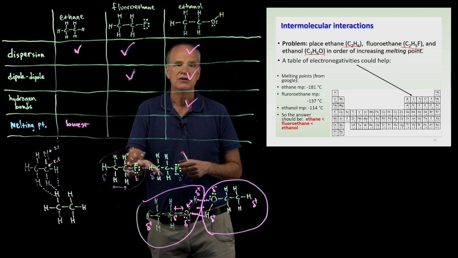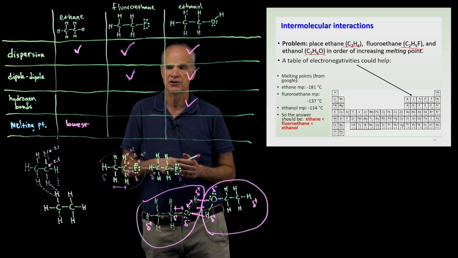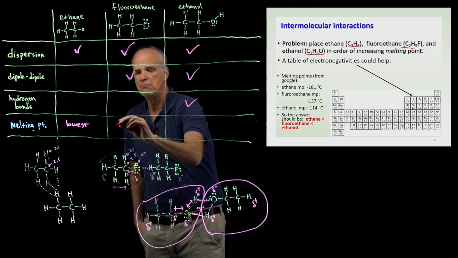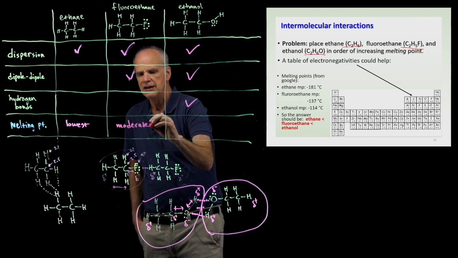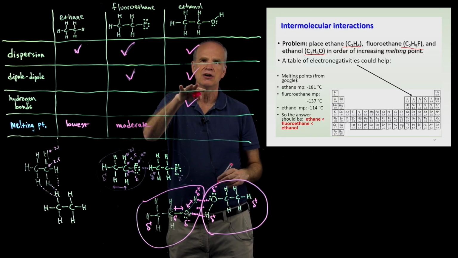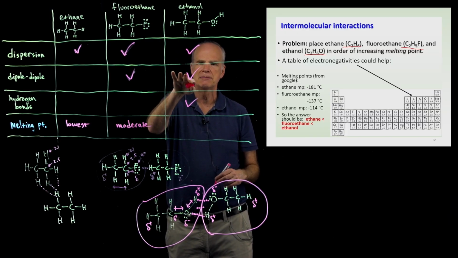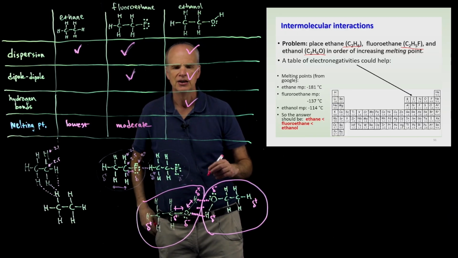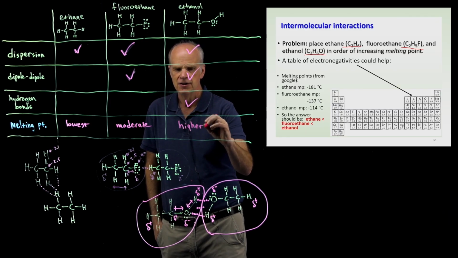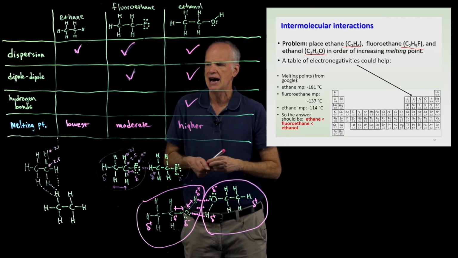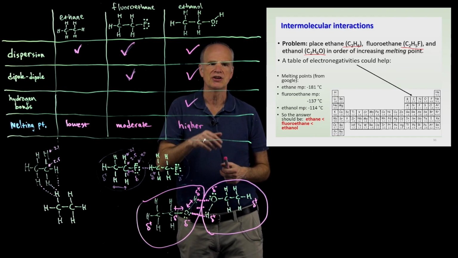Fluoroethane is a molecule with dispersion forces, but it also has dipole-dipole interactions, and so it's going to have a moderately higher melting point. And then finally we have ethanol, which has dispersion forces, dipole-dipole interactions, and hydrogen bonds. And so this is an even higher melting point. That gives us the order which I have on the slide.